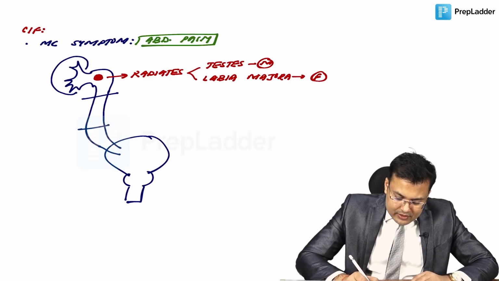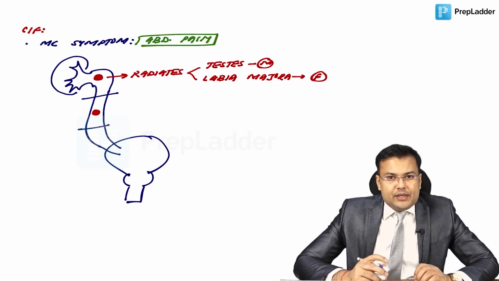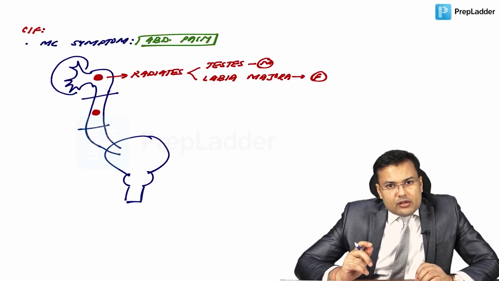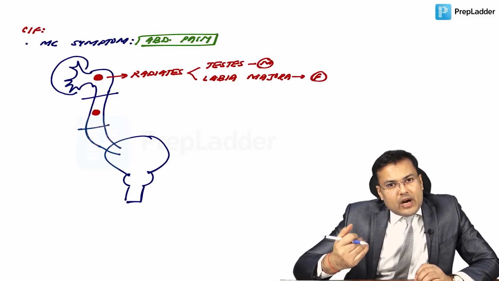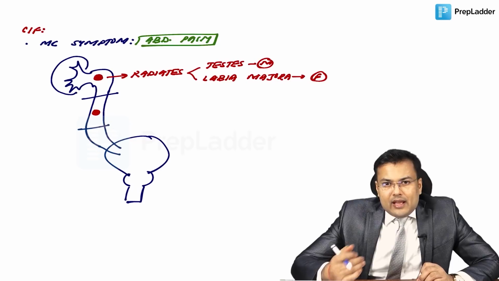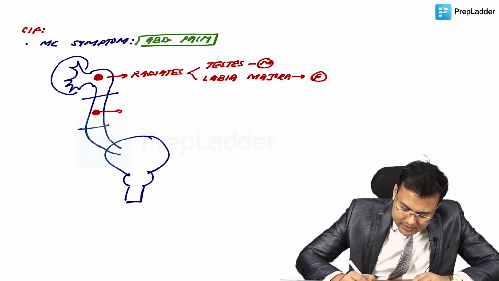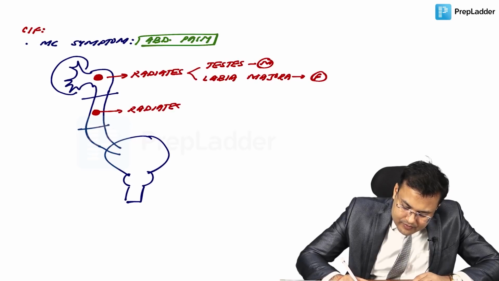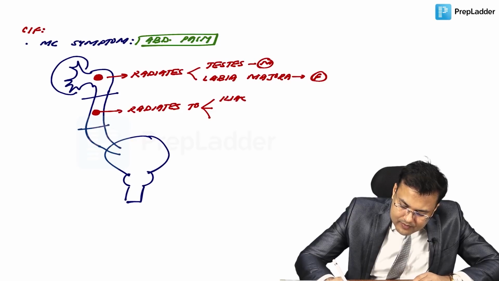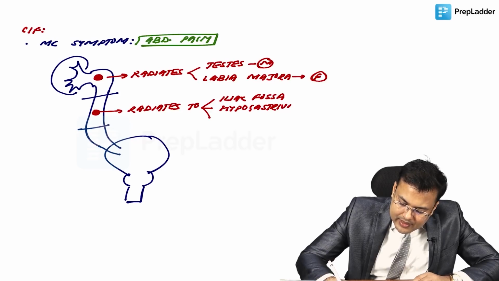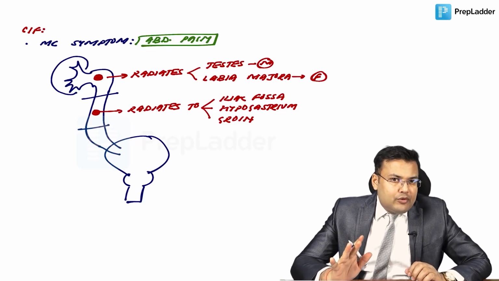Now, whenever the stone is in the middle 1/3 of ureter, the pain radiates to iliac fossa, groin, and hypogastrium. So here, pain radiates to iliac fossa, hypogastrium, and groin. Clear? Iliac fossa, hypogastrium, groin.